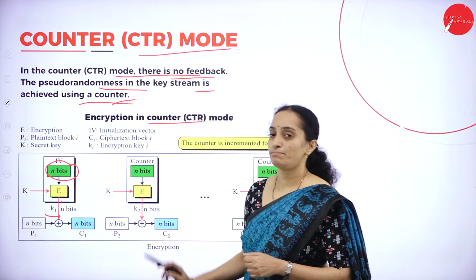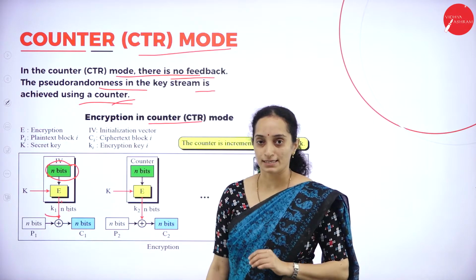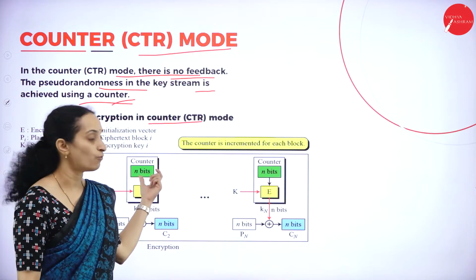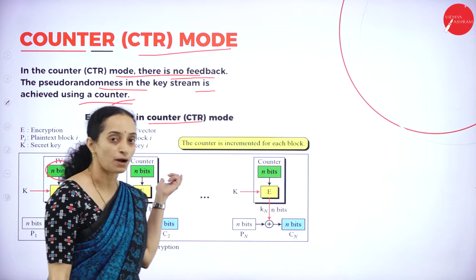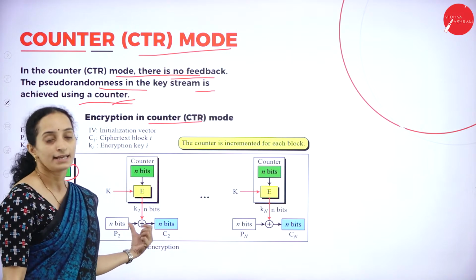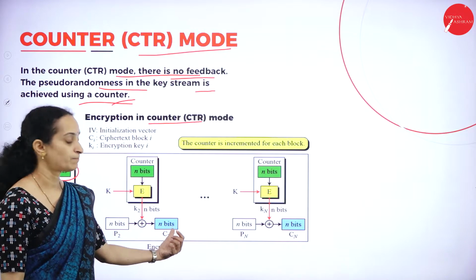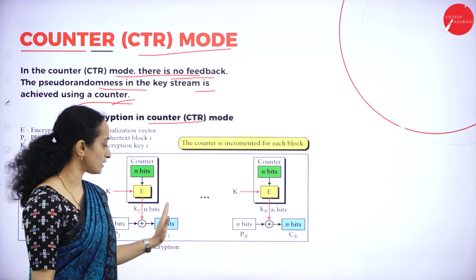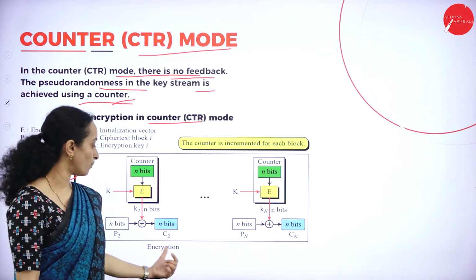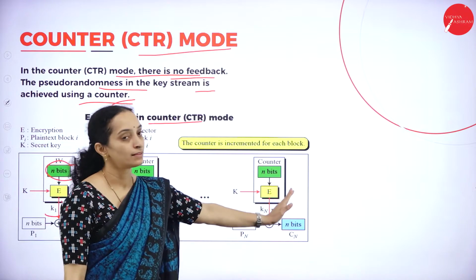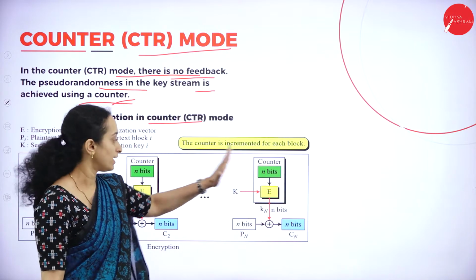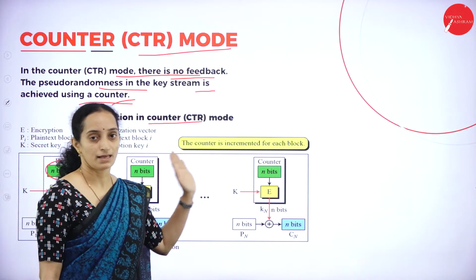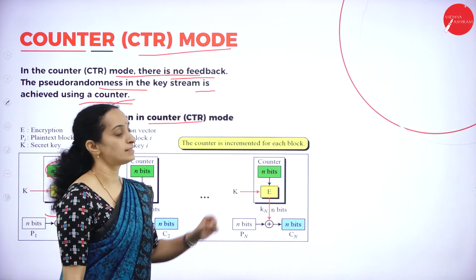N bits from the counter are XORed with n bits from the plain text to generate n encrypted bits. This encrypted block is propagated over the channel until the nth step. Each time the next encryption is done, the counter is incremented.